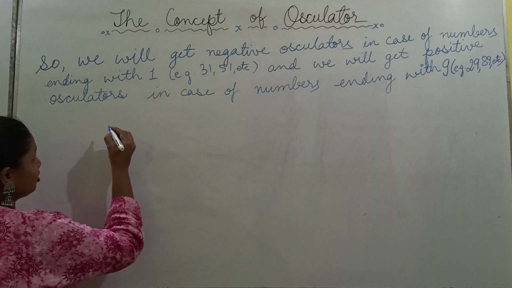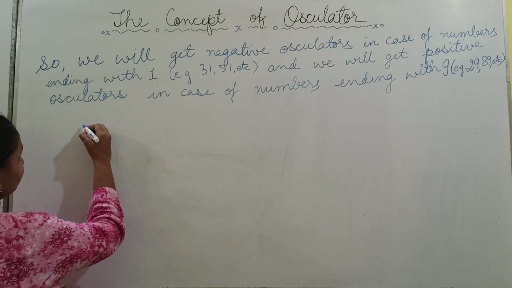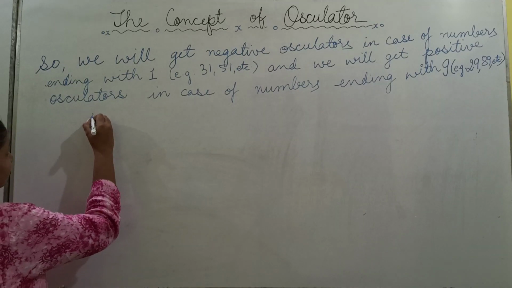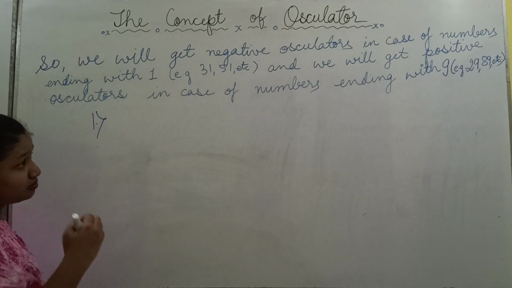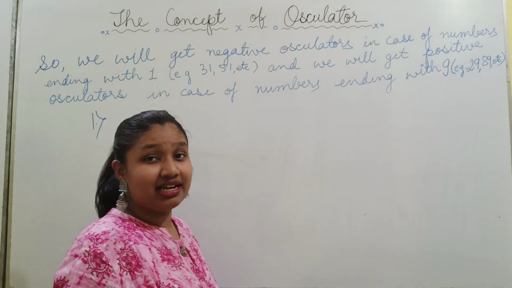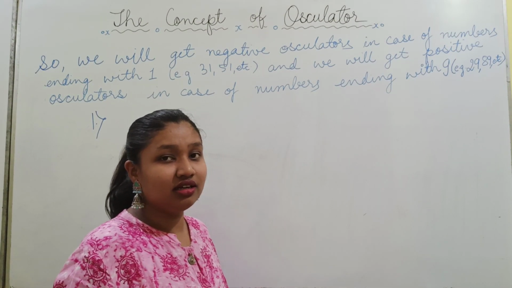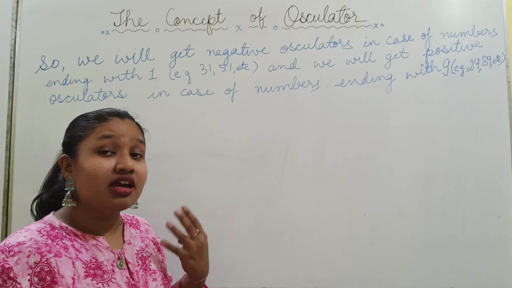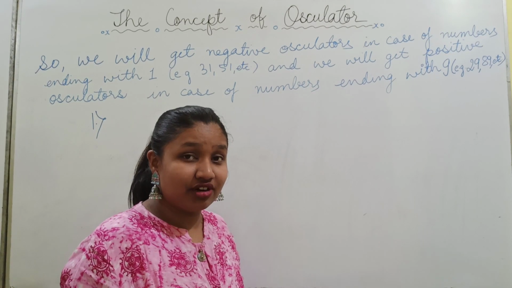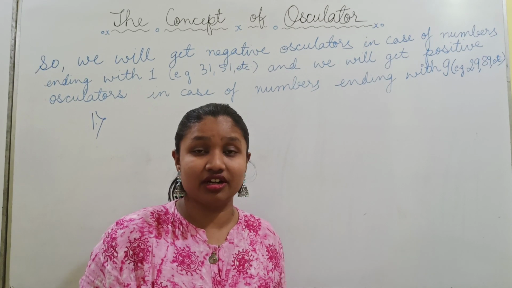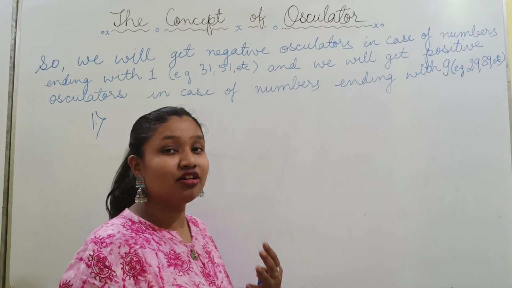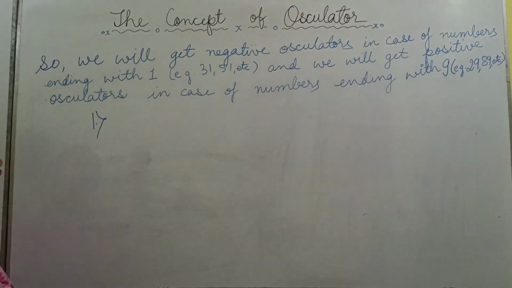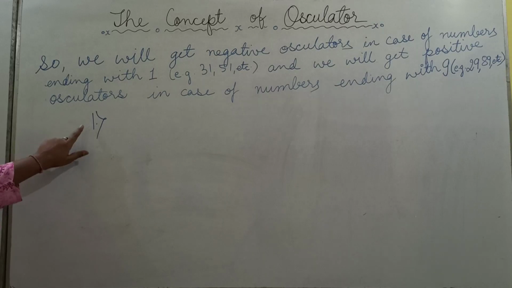So, first process is that for numbers which don't end in 9 or 1, that is for numbers in which by adding 1 or subtracting 1 we can't get a multiple of 10, we have to follow the following rules.